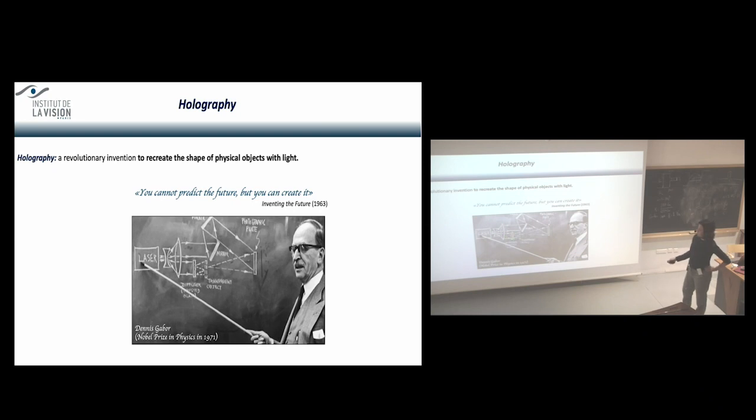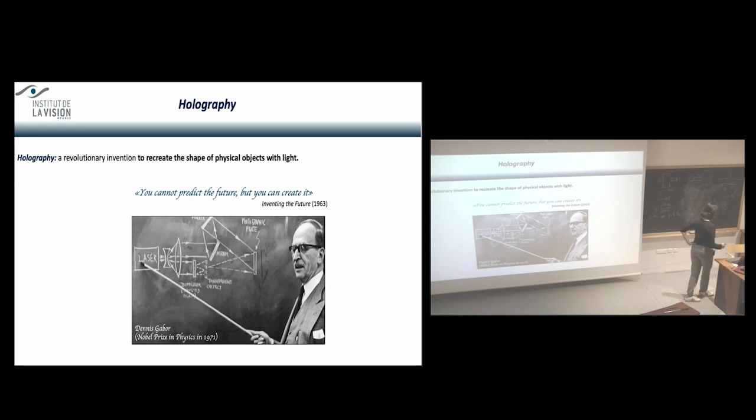This beam going through the object is diffracted, and you let these diffracted waves propagate, and at a certain plane you can record the interferogram between the reference and the diffracted beams. Now, when you have this interferogram, you can use your reference beam to illuminate it, and this will create, in real and virtual space, the shape of the object. Okay, so this is holography.